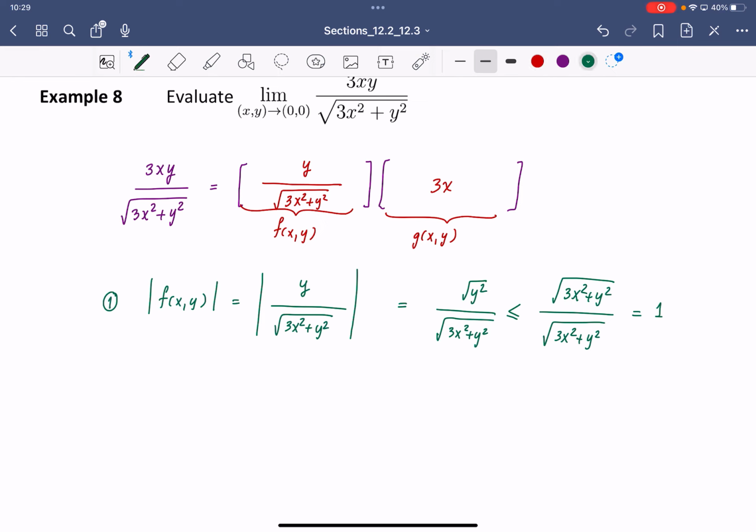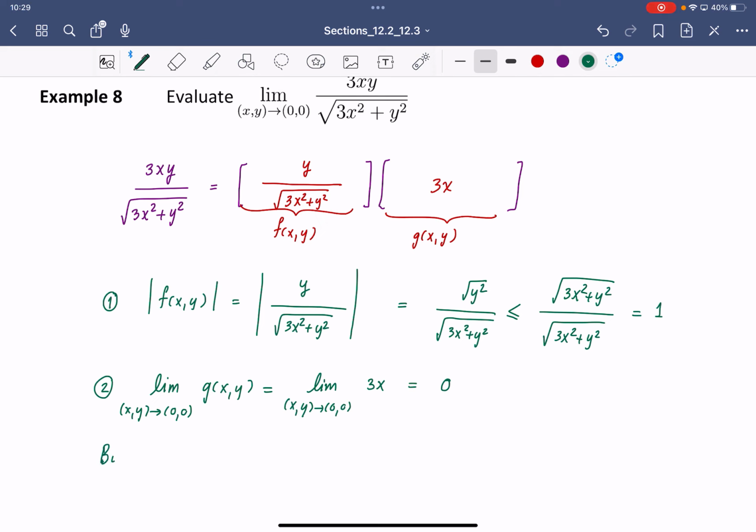And then now step 2, my limit of g(x,y), it's the limit of 3x, which is actually 0. Right, so it's actually 0 now here.